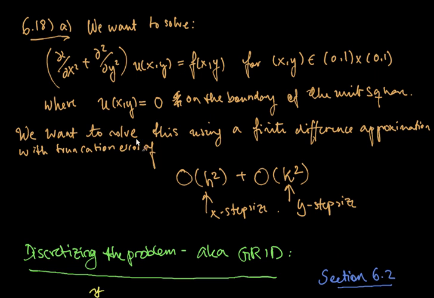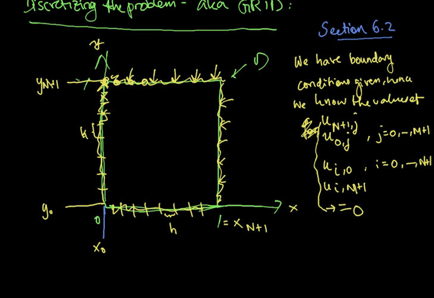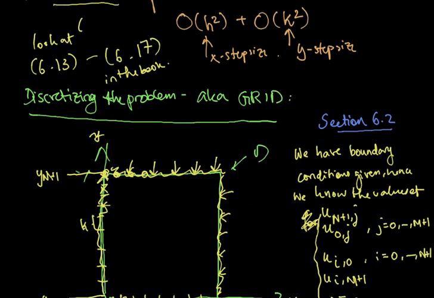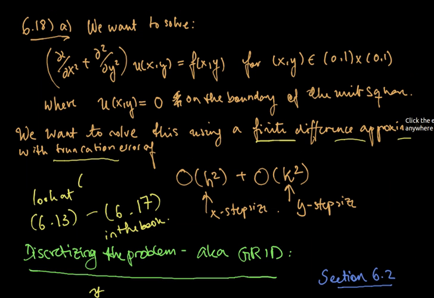So in order to find the finite difference approximation here, look at formulas 613 to 617 in the book. After these formulas, they note the boundary conditions, but you already know the boundary conditions from down here, so now you have more or less your grid, and you also have the finite difference approximations that you're supposed to use.